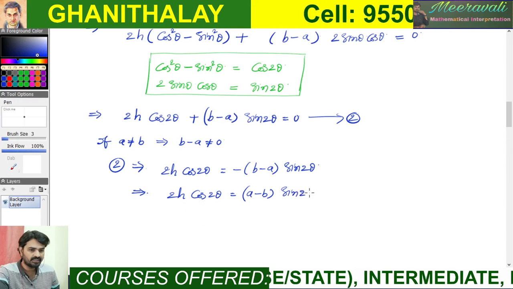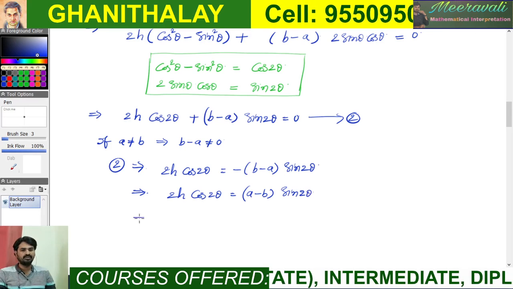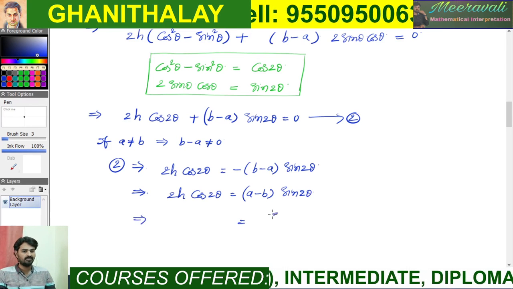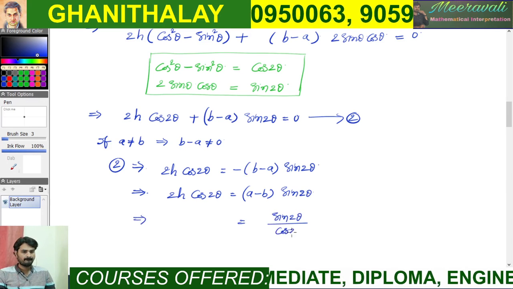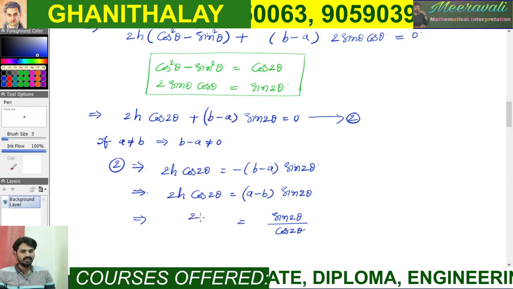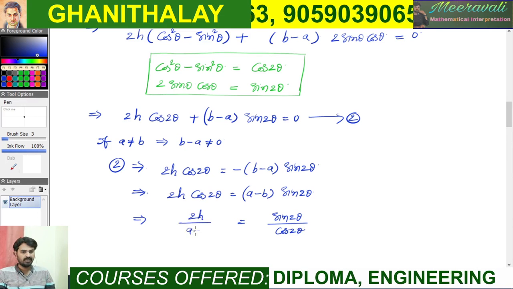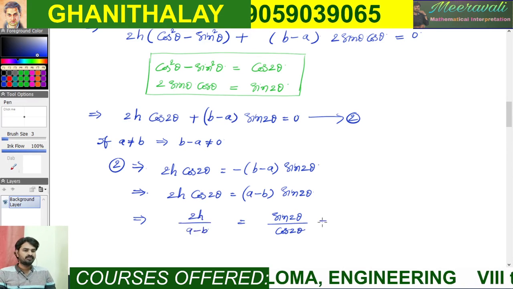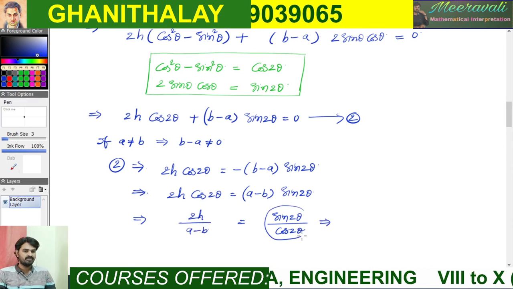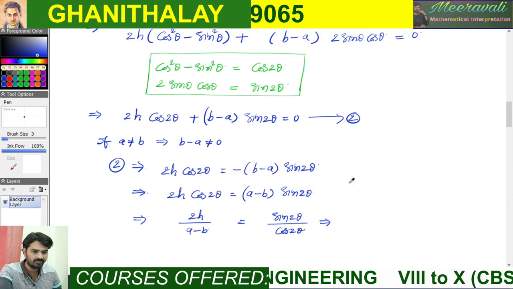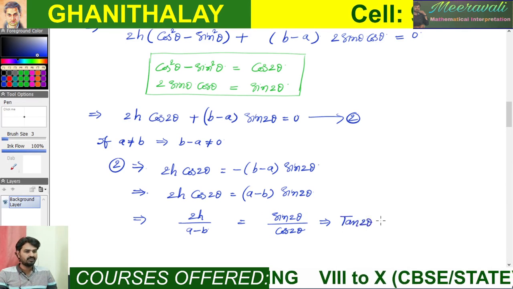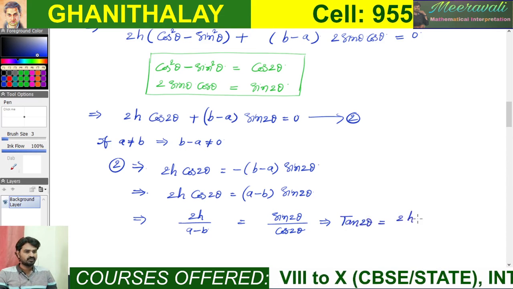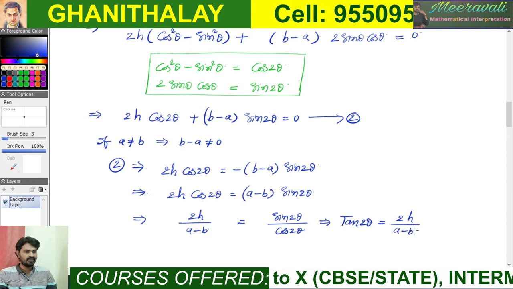Sin 2 theta by cos 2 theta, here you can obtain 2h by a minus b. So finally sin 2 theta by cos 2 theta, sin by cos means tan, so tan of 2 theta is equal to 2h by a minus b.